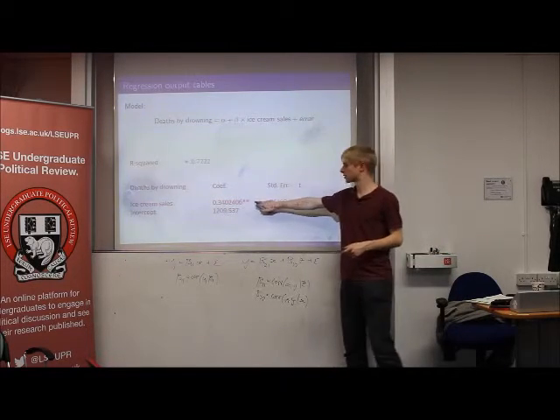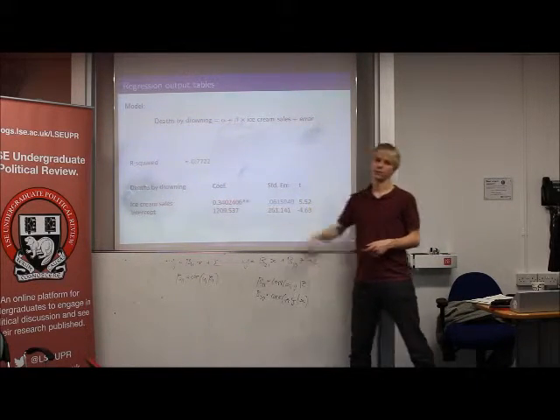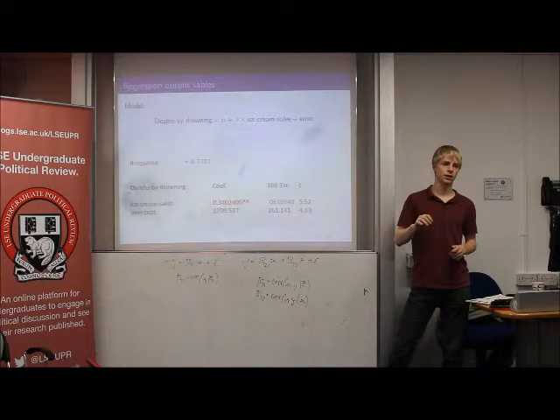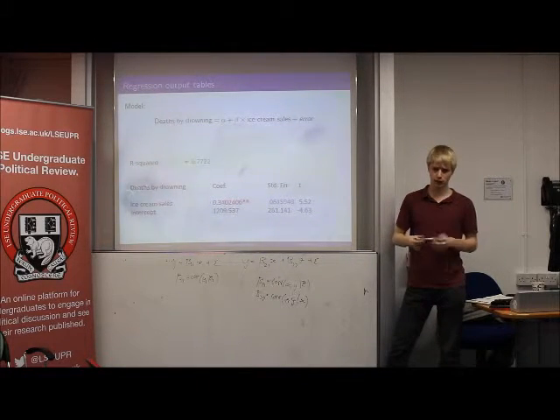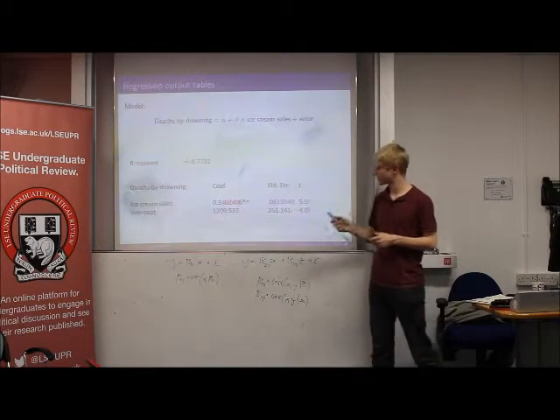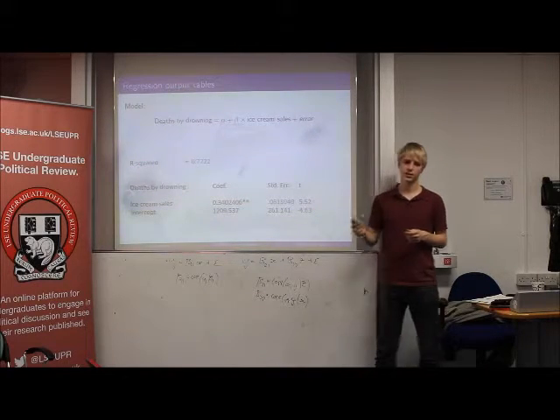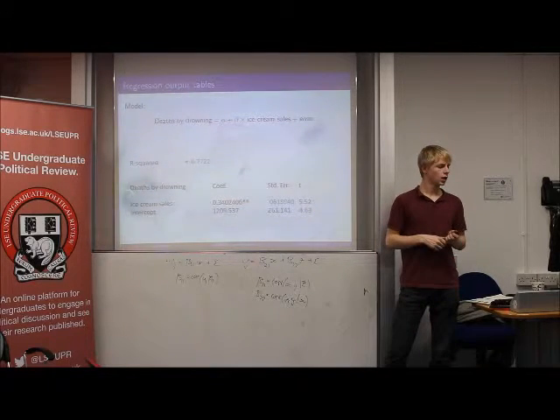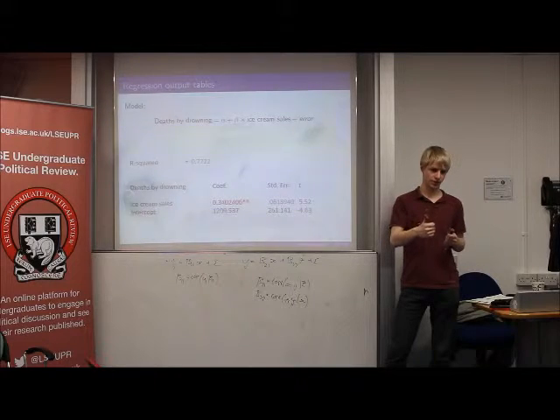But the stars give us far more information about that. So 2 stars means it's significant at the 5% level. Now, significant at the 5% level means, first of all, it's good news.